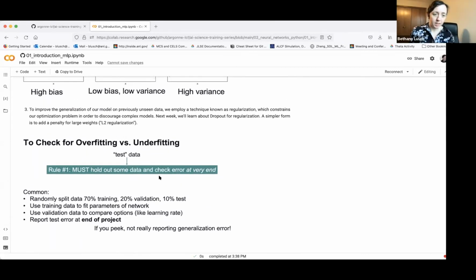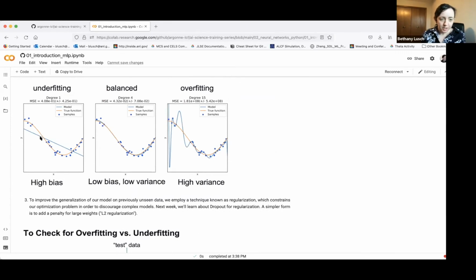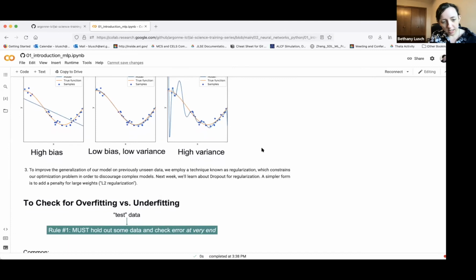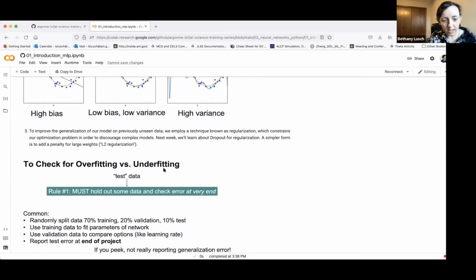Okay, so we talked about how you don't want to underfit, which is when your model is too simple for your data, and you don't want to overfit, which is when your model is too complicated for your data and it won't generalize to other data. So one way to look out for this is to have some test data and hold it out. You don't use it for any of your training process.